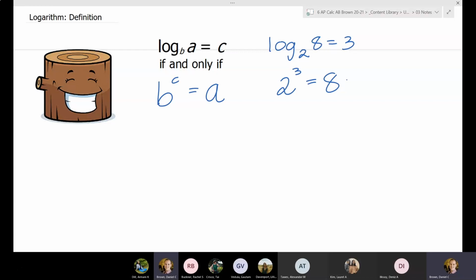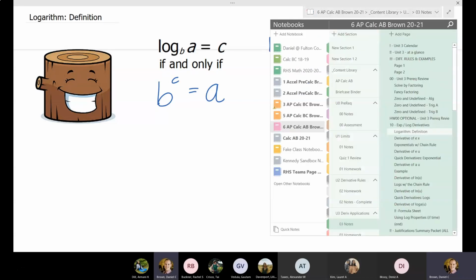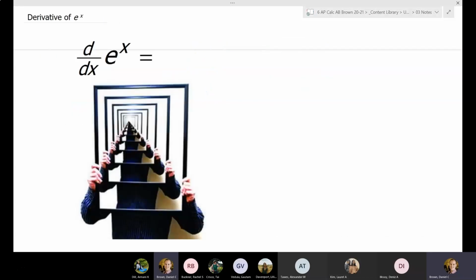So the first rule that we're going to look at is probably the easiest rule that we have, and it's going to be the derivative of e to the x. E to the x is our basic parent exponential function. E is a constant like pi. It's like 2.718 and so on, a never-ending decimal like pi.